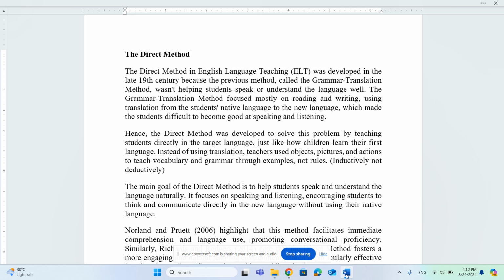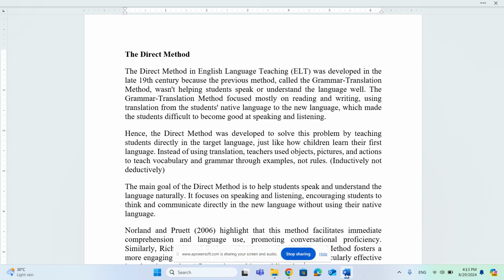But if you follow the direct method to teach vocabulary, you do not translate it into the mother tongue, or the native language of the students. What you do is pick up one stone, which may be inside the classroom, or you may bring one stone from outside the classroom, and you show the object itself to the students.